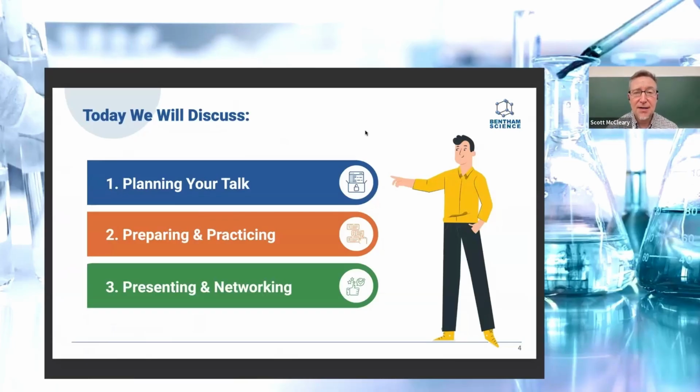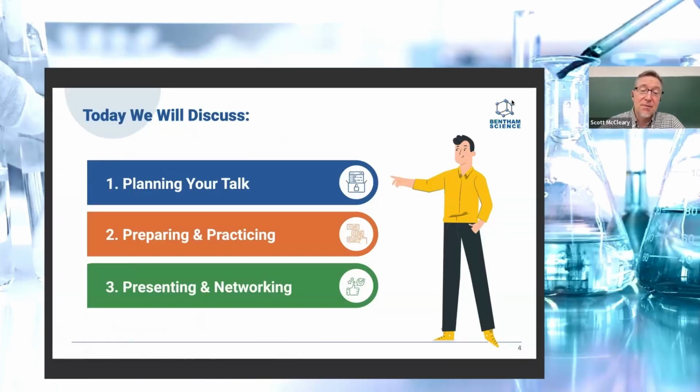And Gareth, we've got three main topics to cover today. As the title suggests, we're going to walk through the steps, or the stages at least, of preparing for a talk. We'll talk about planning your talk, making decisions about whether to attend or what kind of talk you're going to give. And then, Gareth, you're going to explain a little bit about preparing for a presentation and different ways that we can practice for a talk.